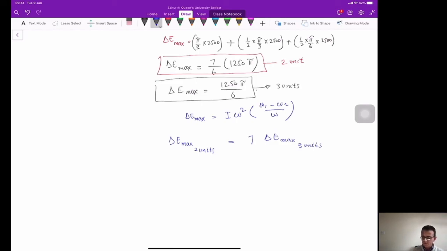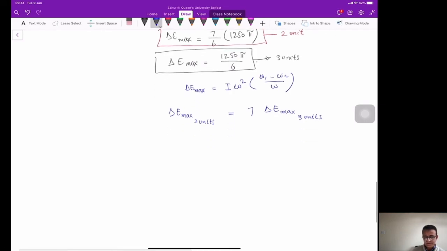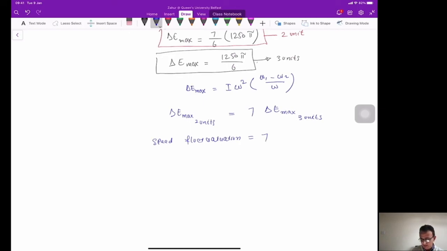So you don't even need to do any calculation, you can simply say what will happen to the speed fluctuation: the new speed fluctuation will be 7 times the old speed fluctuation, which is plus minus 0.5, and if you do this calculation, you will get plus minus 3.5%.